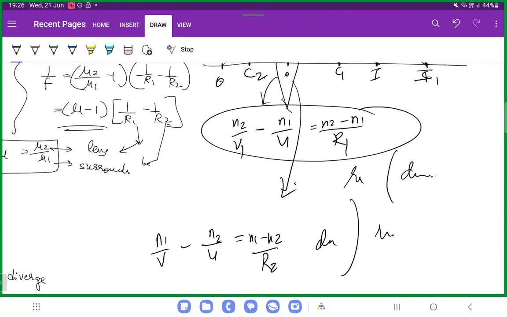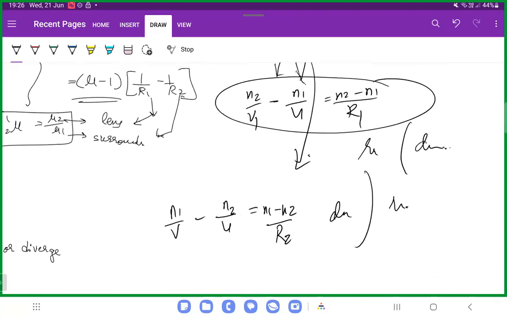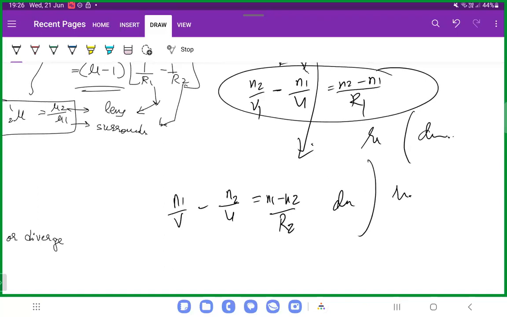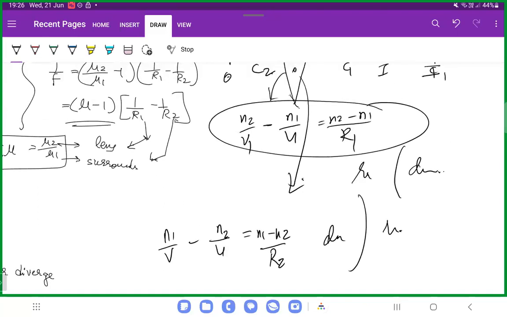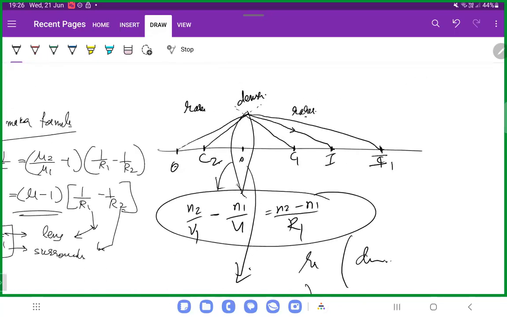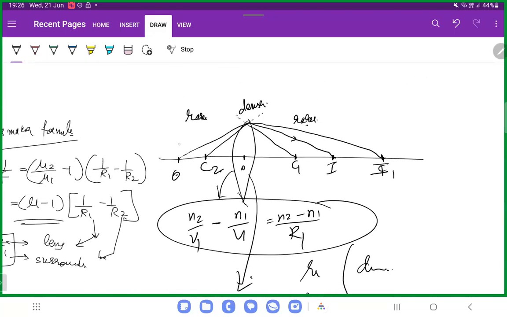So if you want to make this common, what will we do here? We can multiply. But here this will change. Listen to this very carefully, this is the most confusing part.